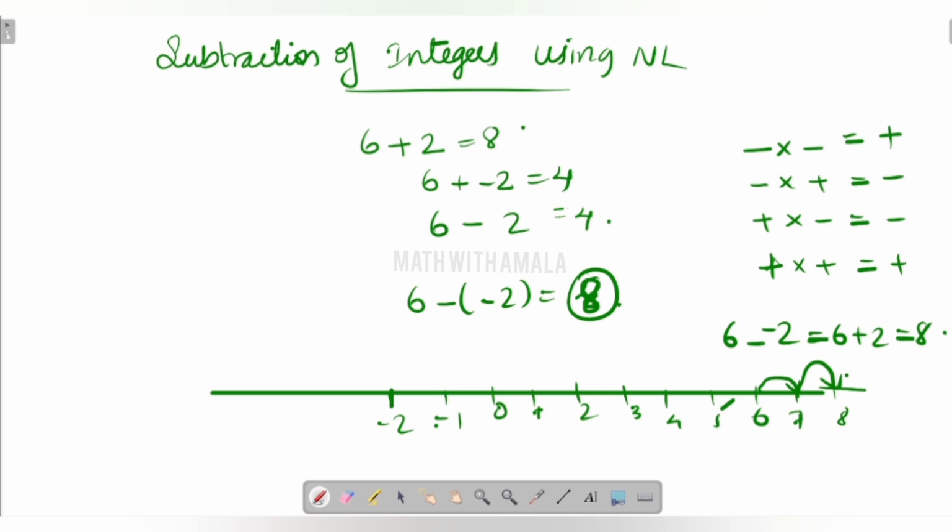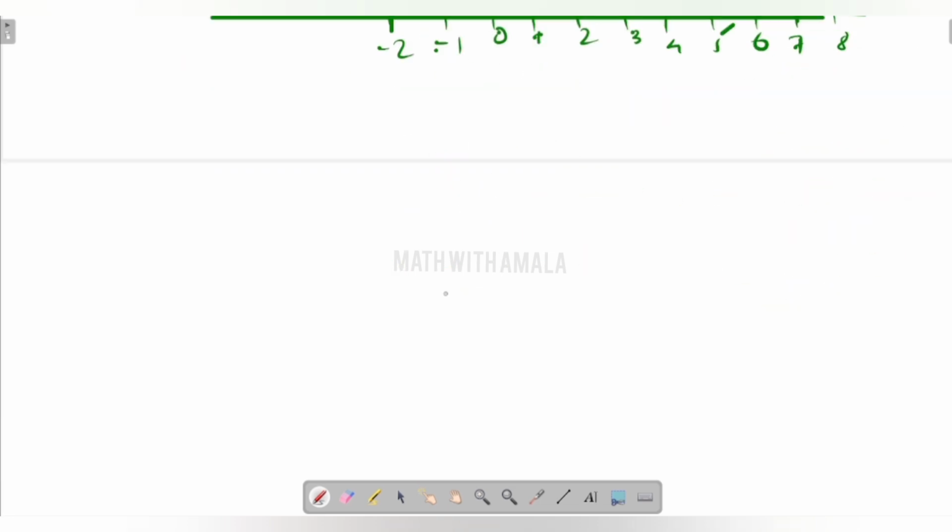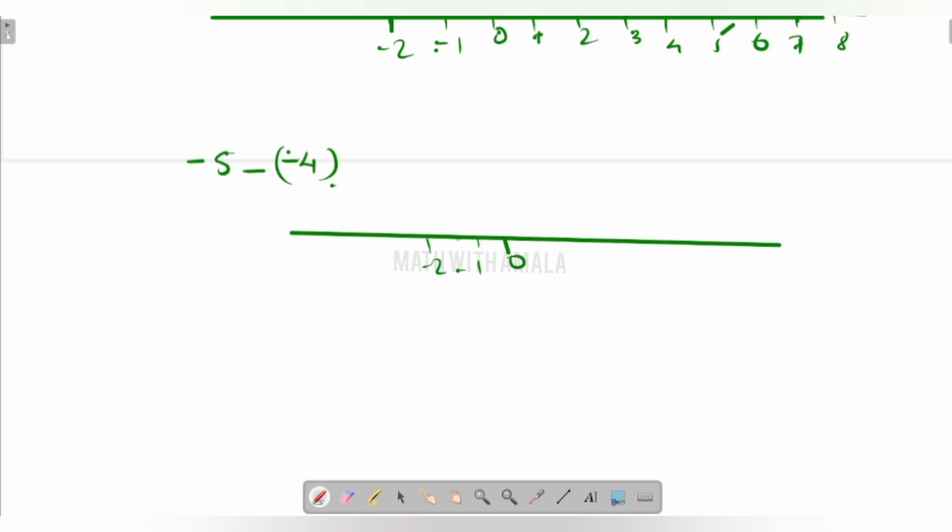You can have one more example with the negatives and also with the positive negatives subtraction. Okay, let us take the numbers minus 5 minus 4. Here we have two negative numbers, minus 5 and minus 4, and for the subtraction you can apply the addition rule first, then we can move to the number line.